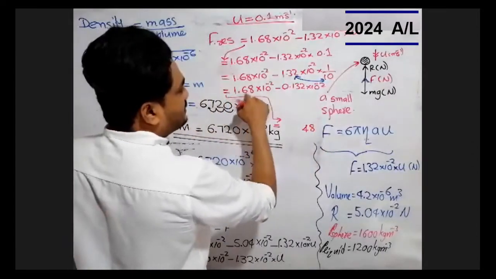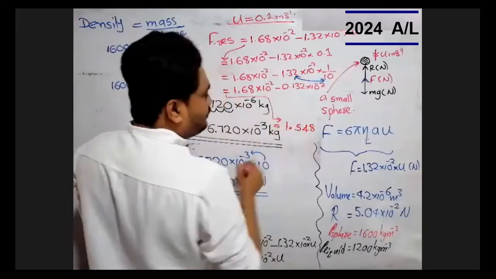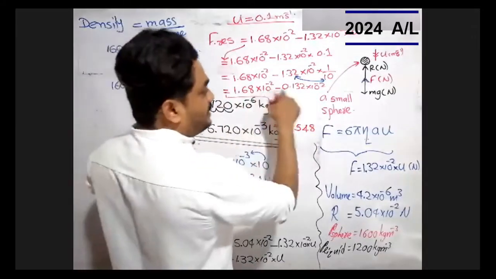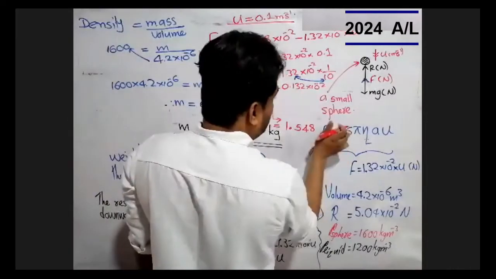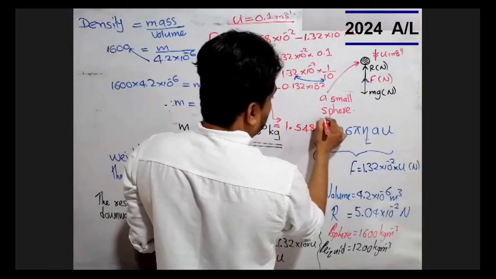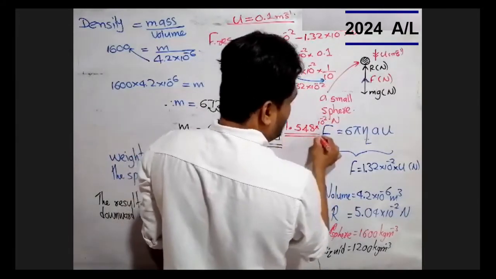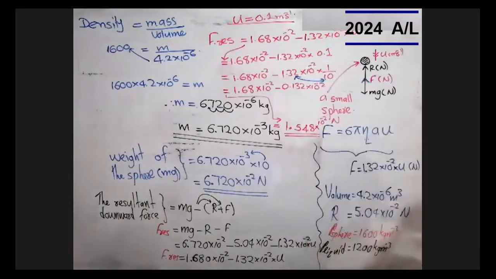This is 6. 6 minus 1 is 5, and nothing will happen to this one. 1.548, and 10 to the power minus 2 will be there. 10 to the power minus 2 Newton. So this is the resultant force acting on the sphere when the velocity of the sphere is 0.1 meter per second. Complete it here.